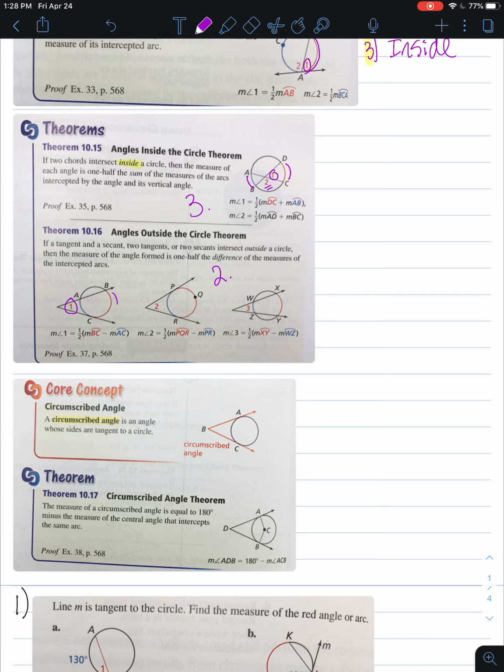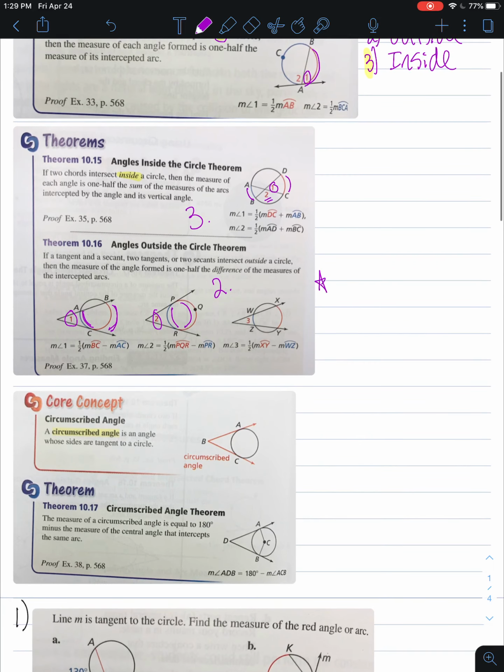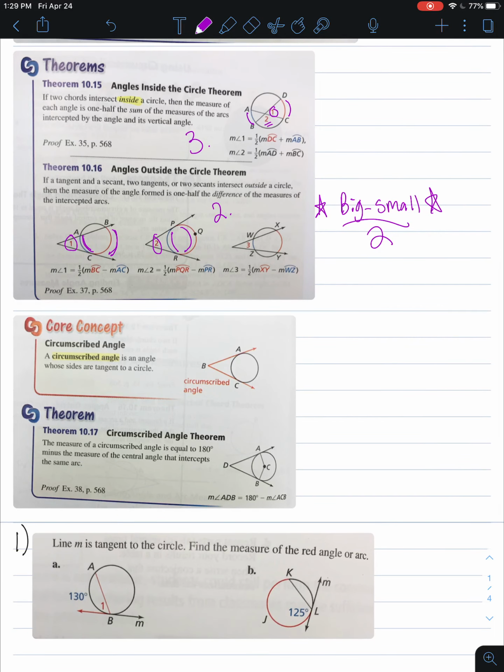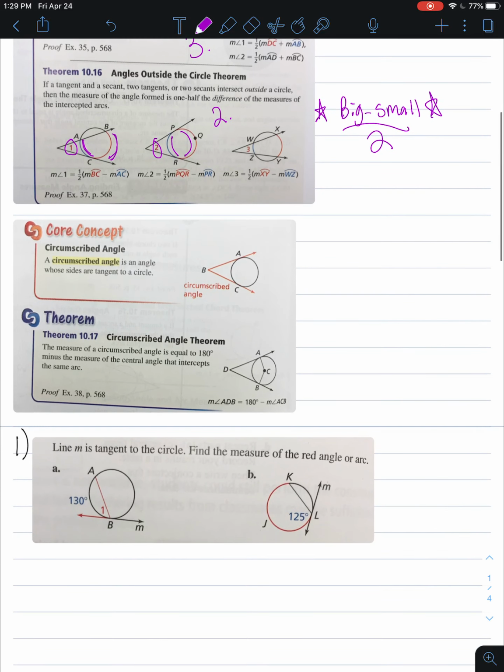To find angle 1 or angle 2, you subtract the measures and divide by 2. The big thing is: big minus small, divided by 2, is equal to that outside angle.